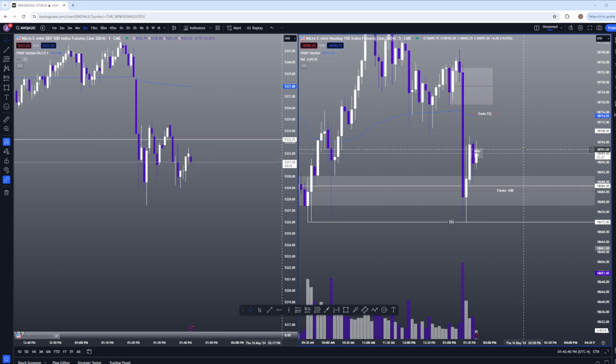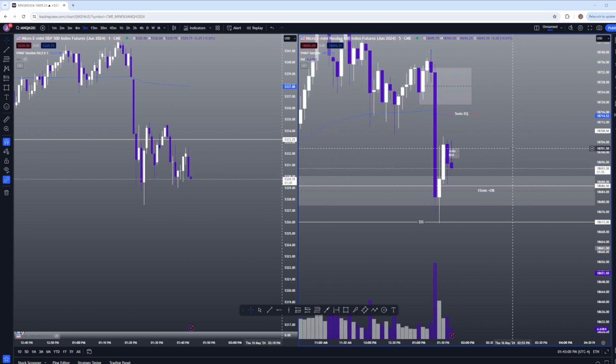So we've only got about 2 minutes and 15 seconds left on that 15-minute candle. So that's really what I want to wait for here. I think price is just kind of moving slow, coming out of lunch hour. After that big drop, it's starting to kind of move slow.